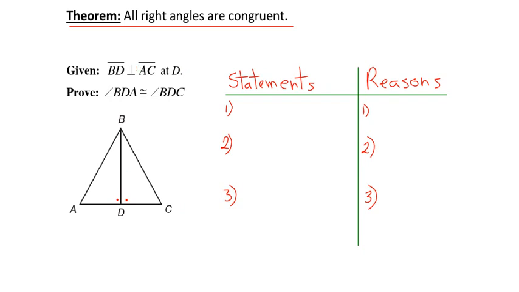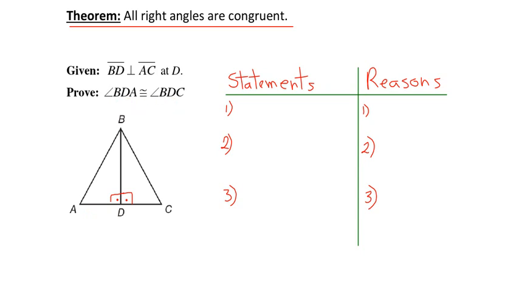I know so far that where these two segments, BD and AC, intersect, that's where we're going to have right angles. And then we have our theorem that says that all right angles are congruent. So because they are right angles, they're congruent. And that's how we finish this one.